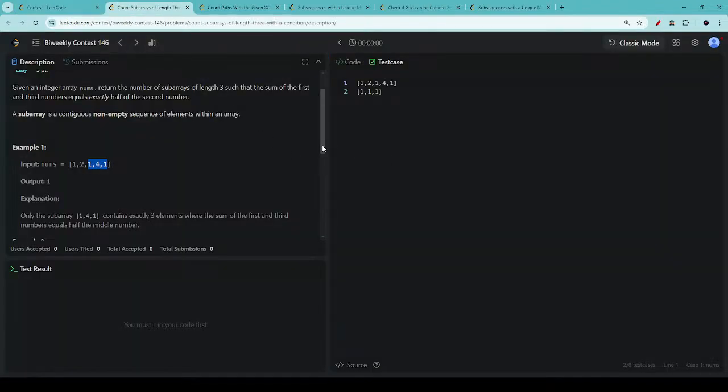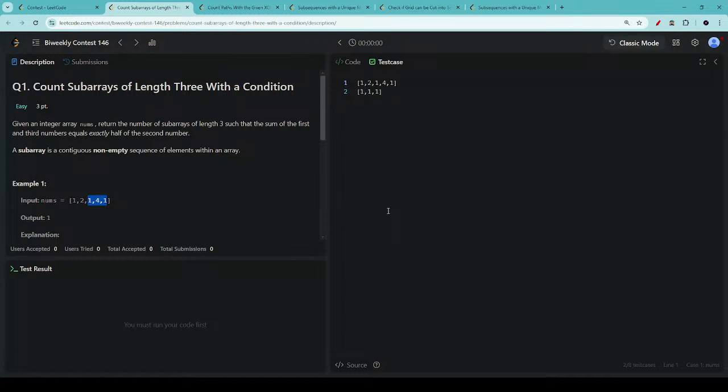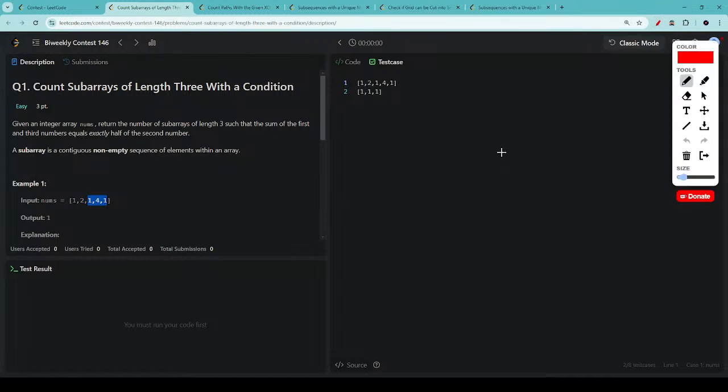So question 1. Count subarrays of length 3 with a condition. So you're given an integer array nums, return the number of subarrays of length 3, such that the sum of the first and third numbers equals exactly half of the second number. Well, what's a subarray? Subarray is a contiguous non-empty sequence of elements within an array.